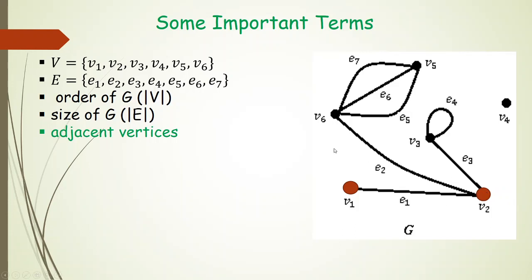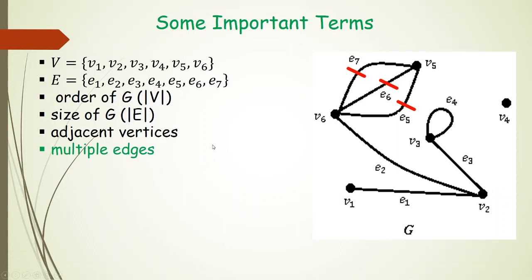Another example, vertex V sub 6 and V sub 2 are also adjacent because again there is an edge connecting the two. Vertex V sub 4 and V sub 2 are not adjacent because there is no edge connecting the two. V2 and V5 are also not adjacent.